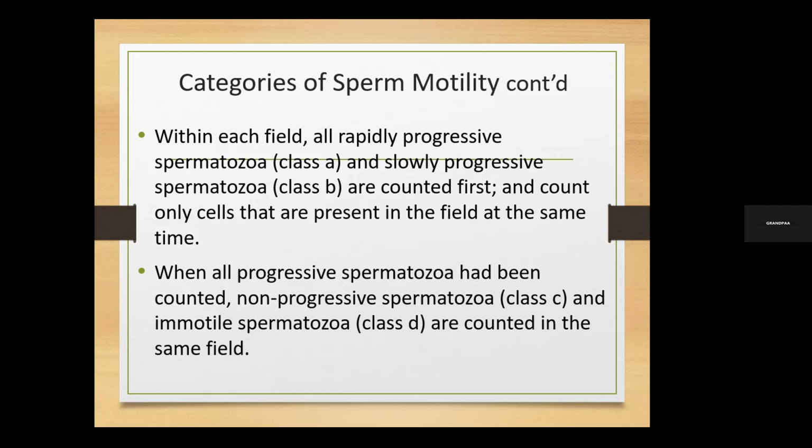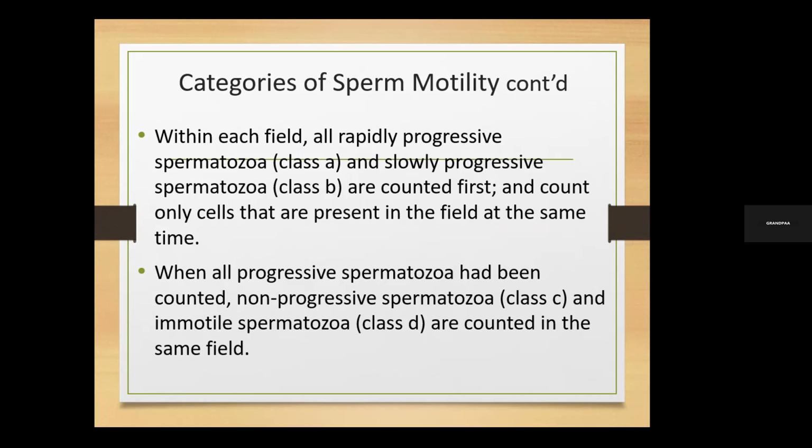Unless you are doing the CASA, the computerized system where a computer does the estimations. But this is manual, so the element of subjectivity comes in. So you look at a field, and from the same field, you estimate how many of them are moving fast and forward, and how many are moving forward but slowly.